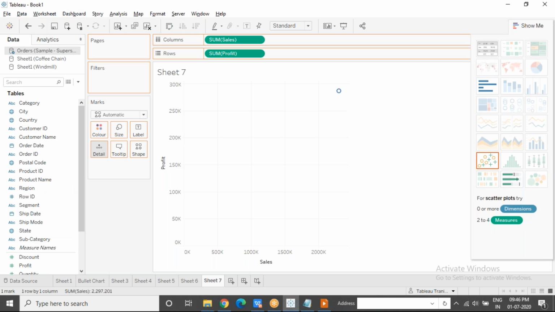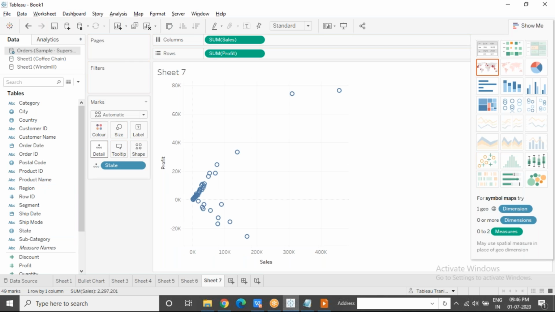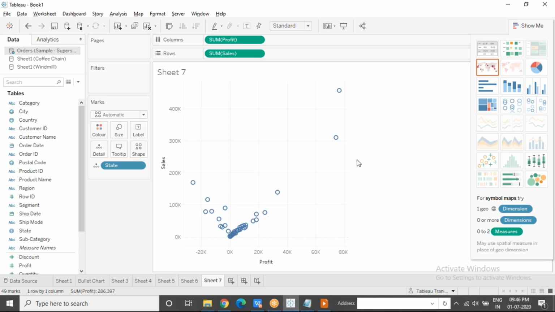Different states will do. Okay, we'll do different states only. All right, and let me swap this. I want something like this. Doesn't look so good. All right, so let us use this chart.